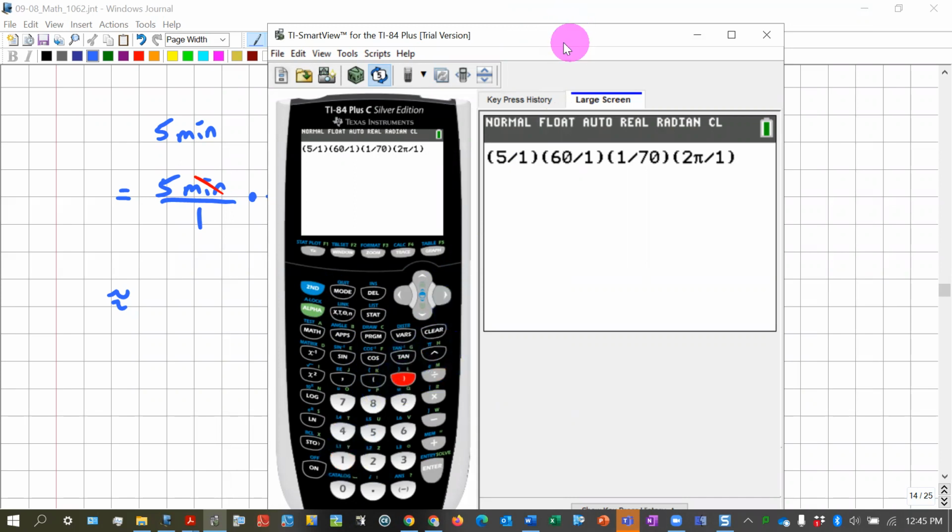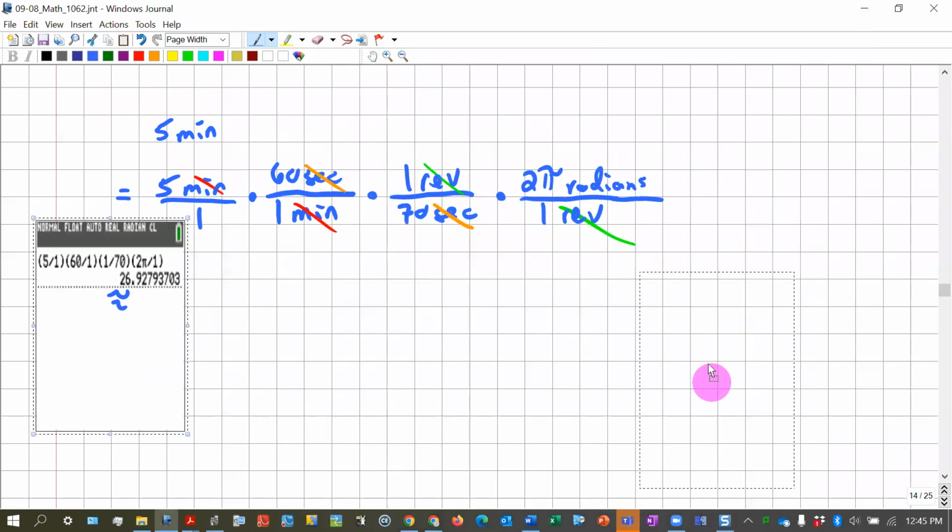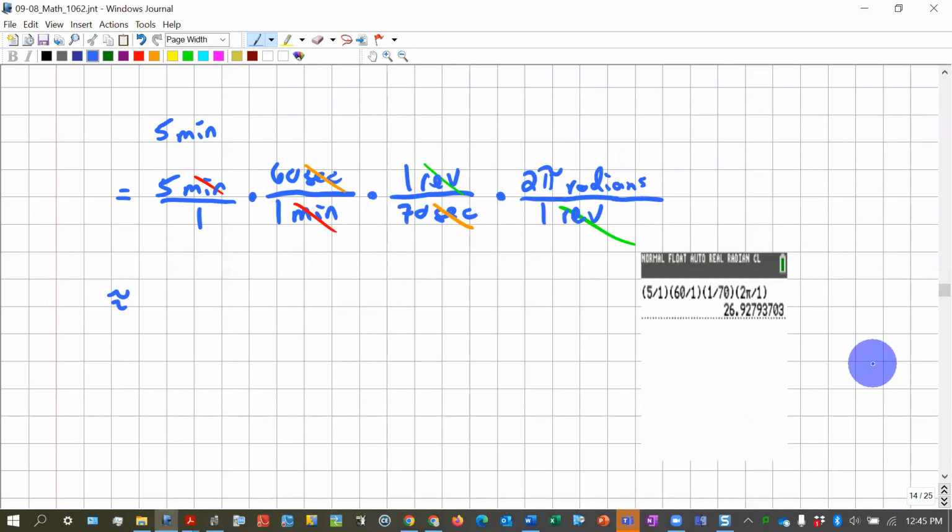I would have to type the numerator in parentheses and type the denominator in parentheses. So to the nearest 10th, that's 26.9 radians.